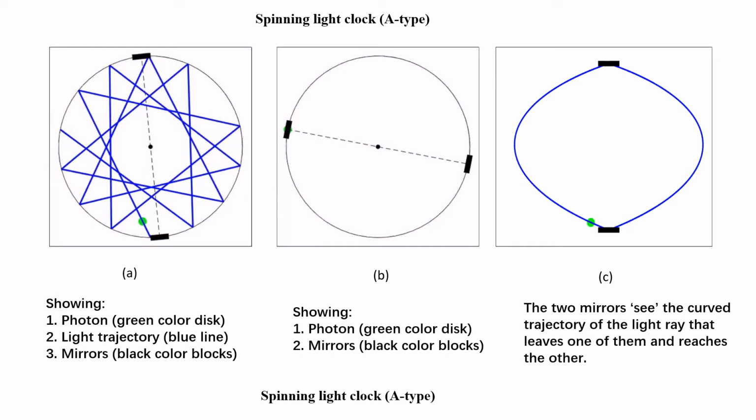So here we can see that this kind of pattern constructs a light clock, and we call it A-type spinning light clock.